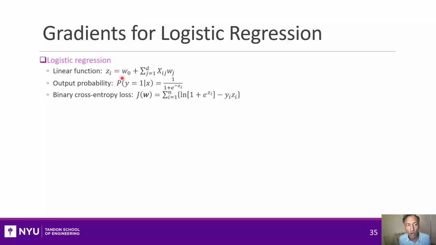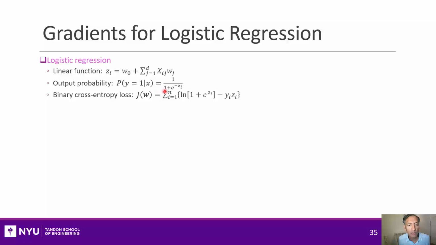And then, if you recall, we compute some output probability, in the binary case the probability that it's in class 1, some logistic function of Zi. So this function is from 0 to 1. And then we want to compute this binary cross entropy, which I've shown here. We reviewed all of this in the previous unit. Just want to talk now about how to minimize that function.